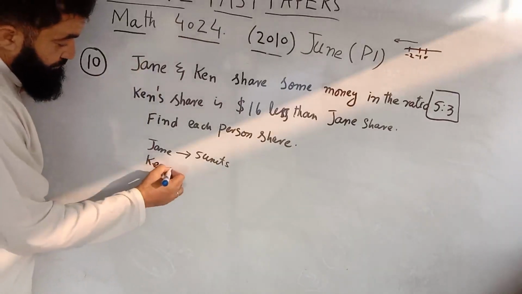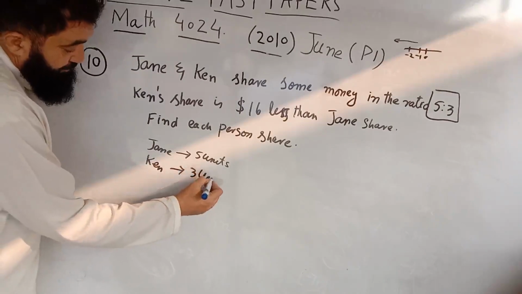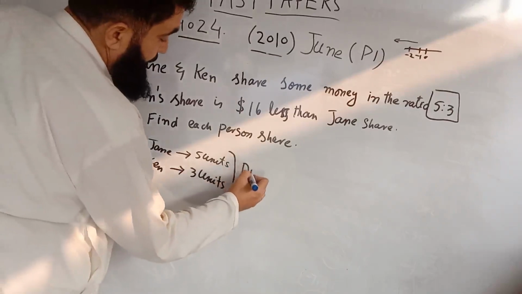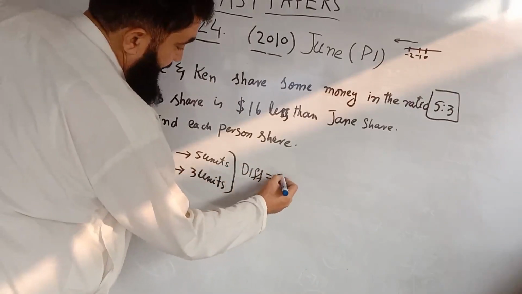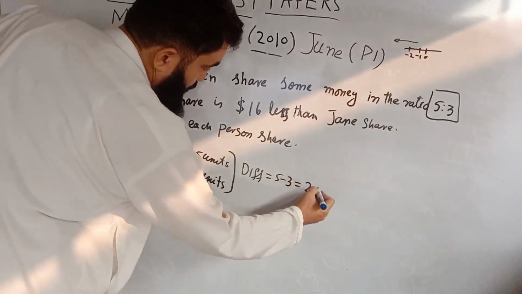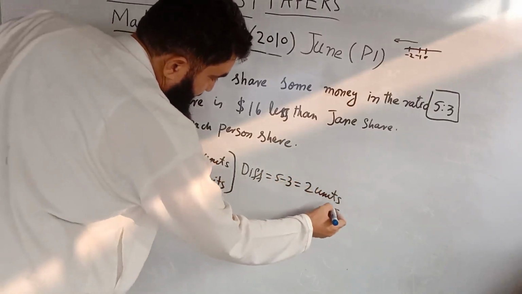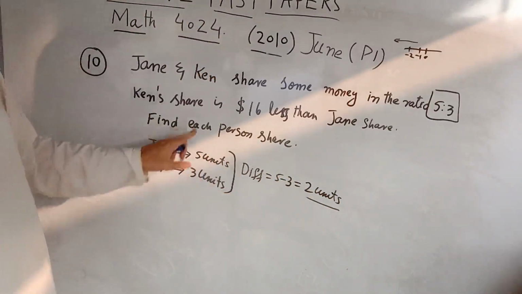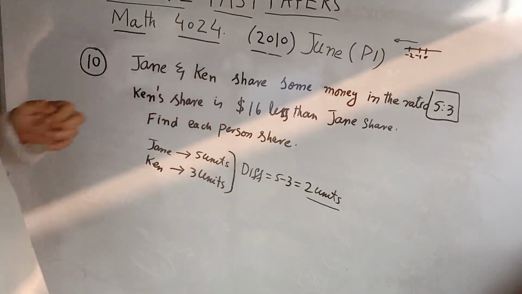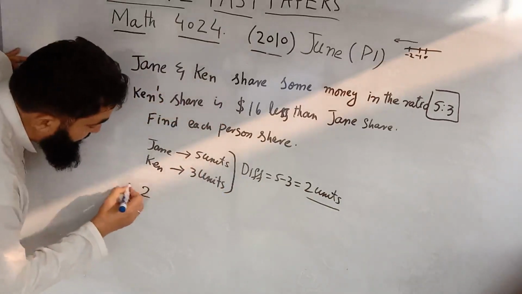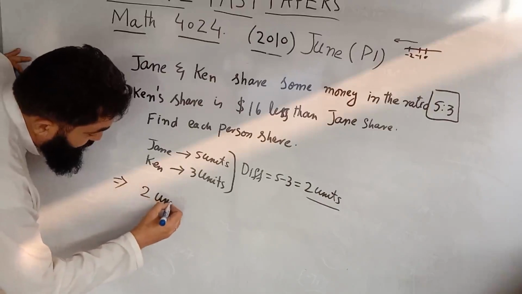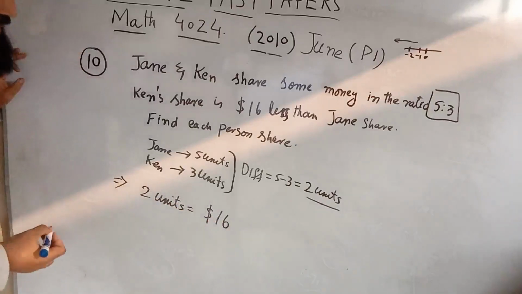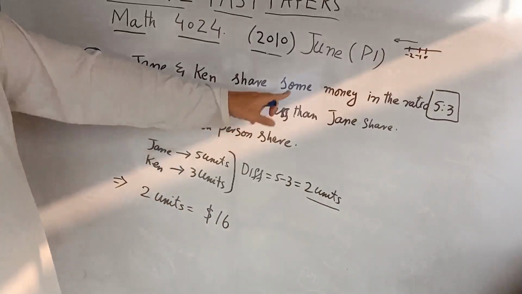Ken is 3 units, so their difference is 5 minus 3 is equal to 2 units. This is their difference. So Ken's share is 2 units less than Jane's share. So it means 2 units is equal to $16, given that Ken's share is $16 less than Jane's share.